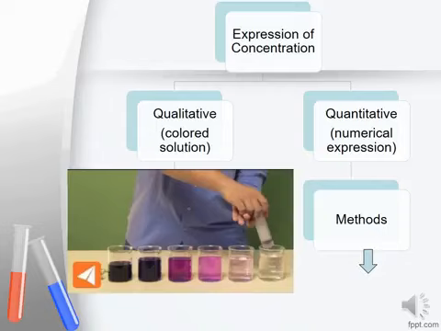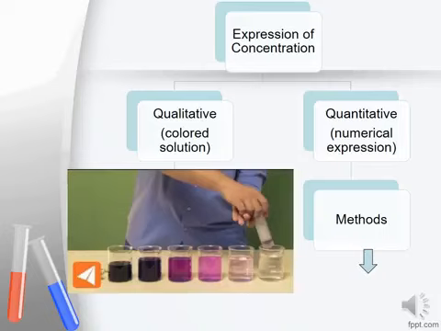The darker one, the one on the most left side, is more dark. More dark means that it is more concentrated. The middle one is light purple. Light purple means that it has less concentration than the most left side.